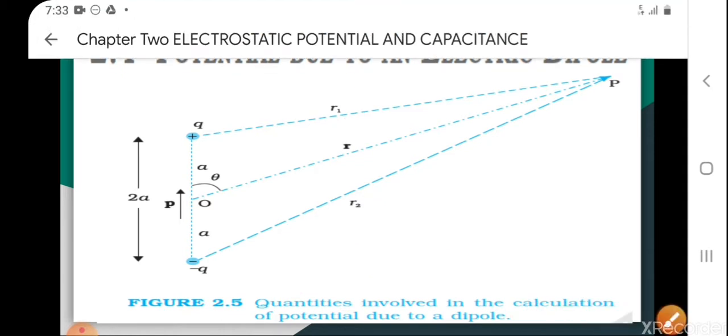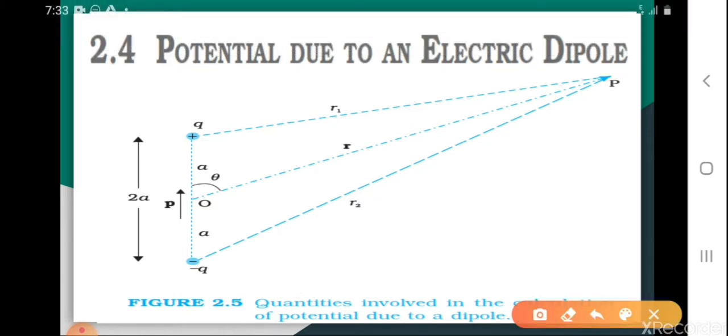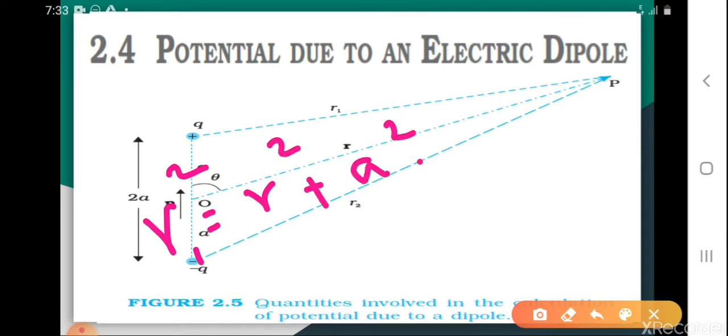Once again I write, r1 squared is equal to r squared plus a squared minus 2ar cos theta.